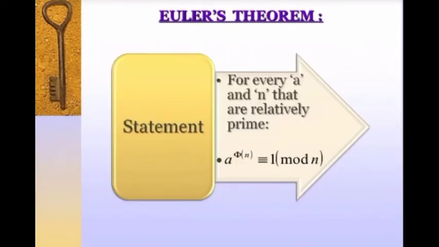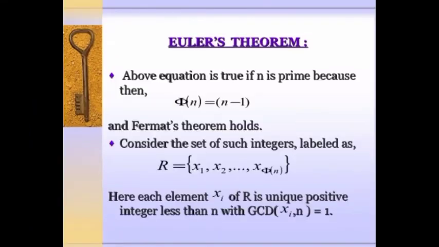So the statement is that for every a and n that are relatively prime, a raised to the power of phi of n is congruent to 1 mod n. And the above equation is true if n is prime, because then phi of n is equal to n minus 1 and Fermat's theorem holds. Consider the set of such integers labeled as R, equal to x sub 1, x sub 2, and so on until x sub phi of n.